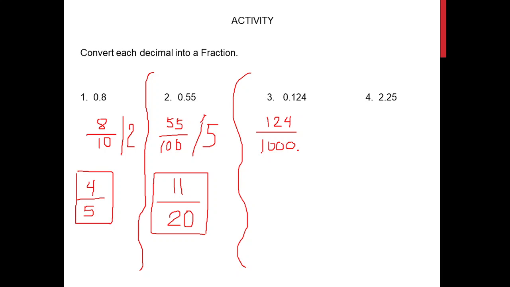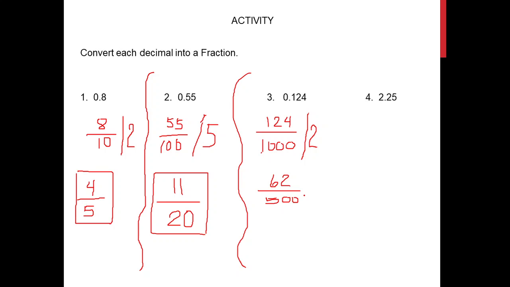Then, let's try to simplify this one. Let's start by dividing it by 2 because both numbers are divisible by 2. 124 divided by 2 gives us 62. Next, 1,000 divided by 2 gives us 500.